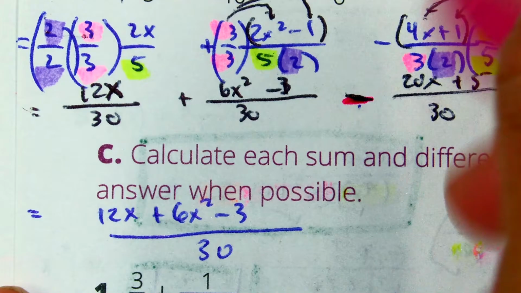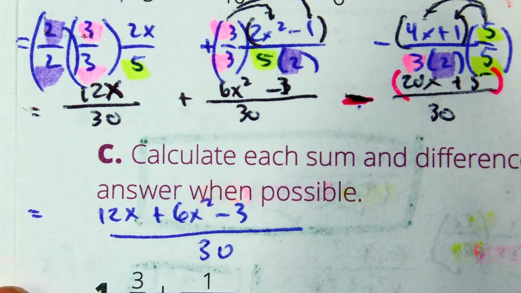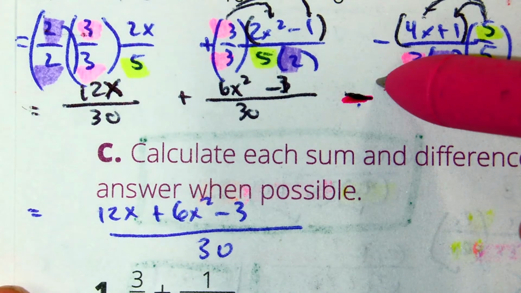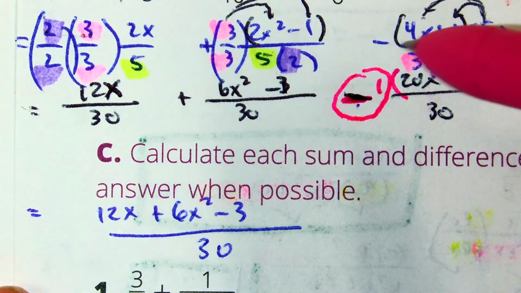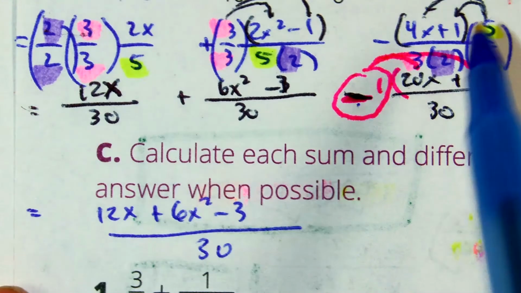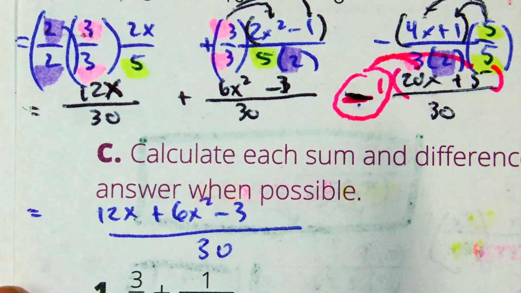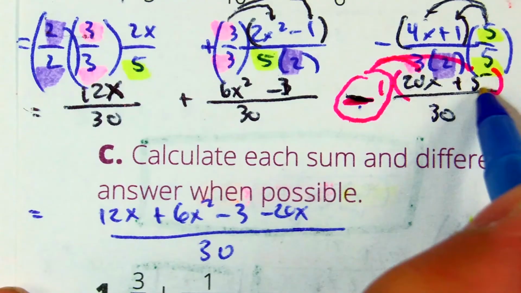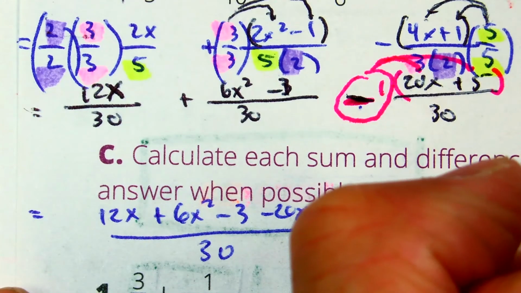I'm going to do mine now. And essentially, class, what number is right there that's invisible? That's a negative 1. And I'm going to distribute that now. So class, that becomes negative 1 times 20x. And negative 1 times 5. Negative 5.